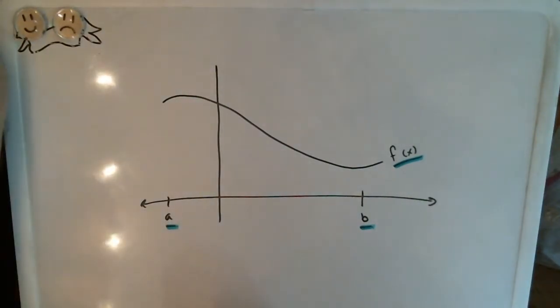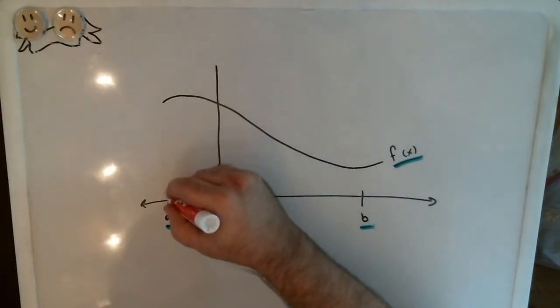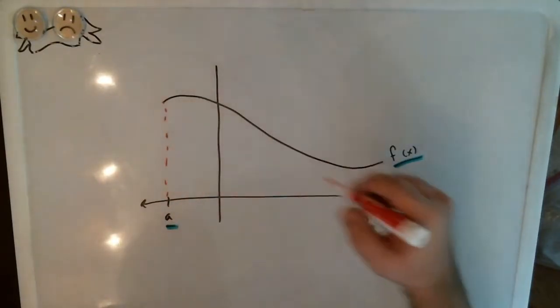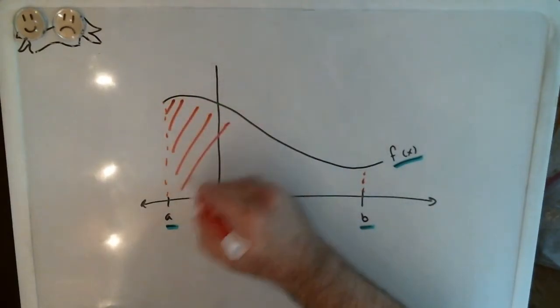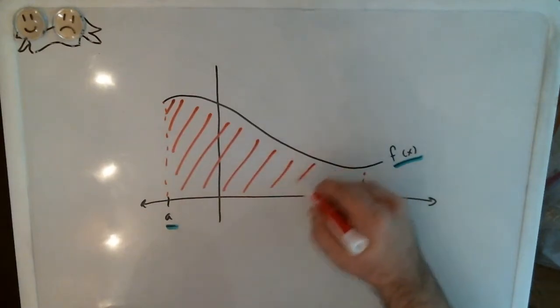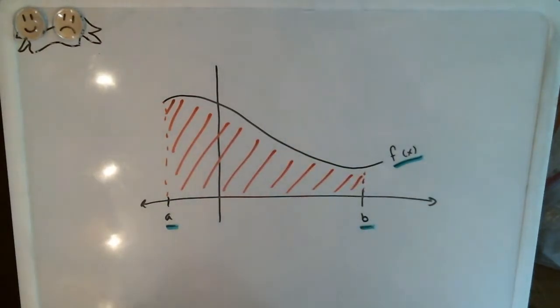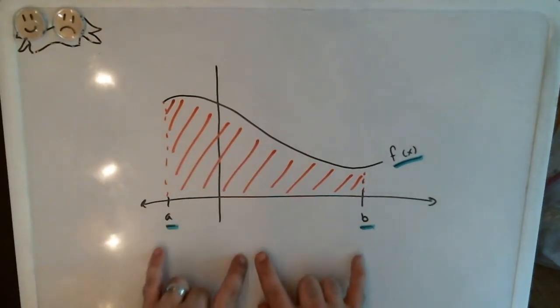Those are all things that are known to me. And what the problem's asking for, the thing I don't know, is what is the area, or in general, the net signed area underneath this curve and above the x-axis. This is what I want to find.